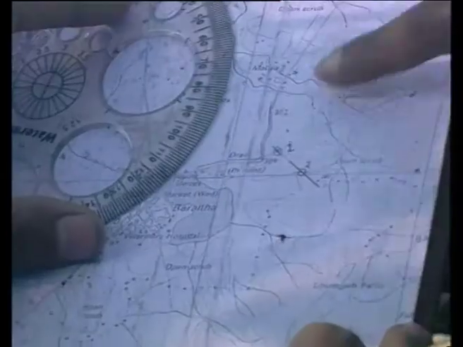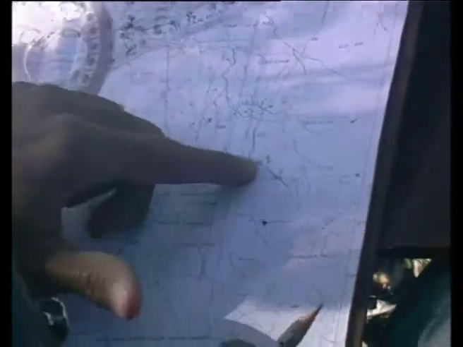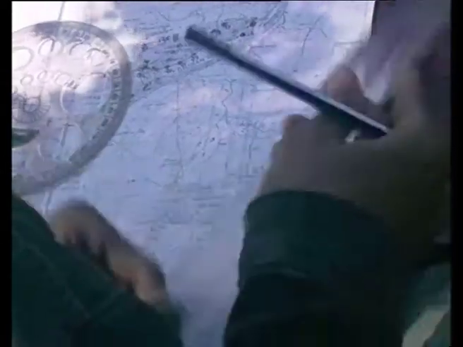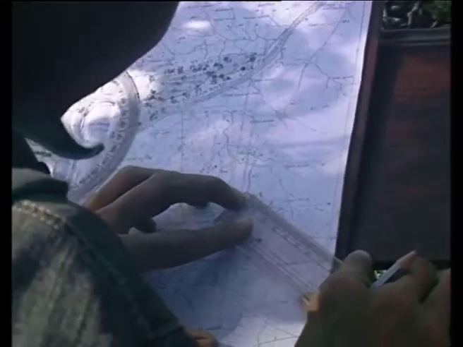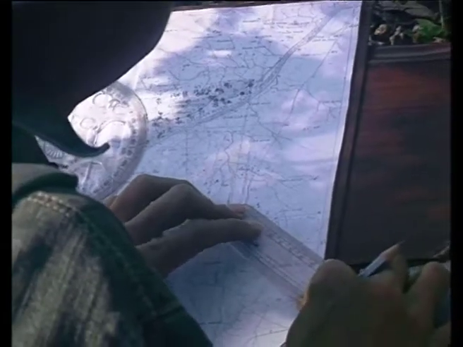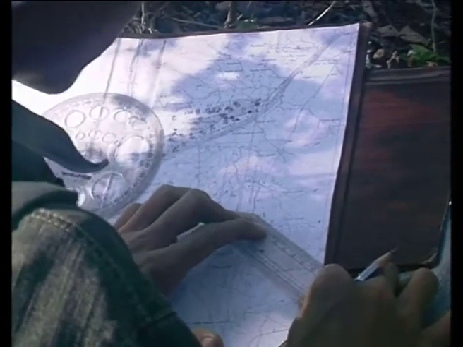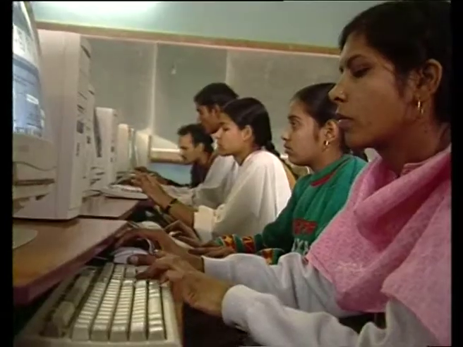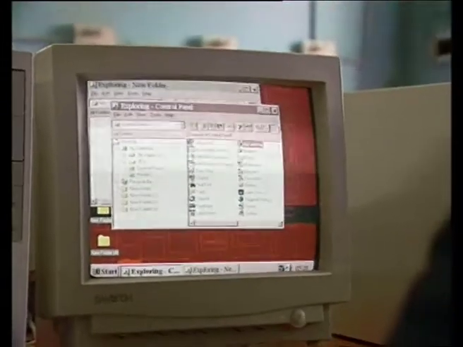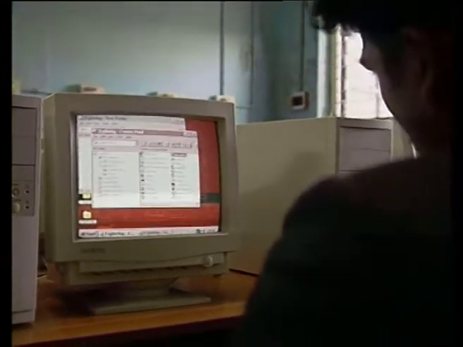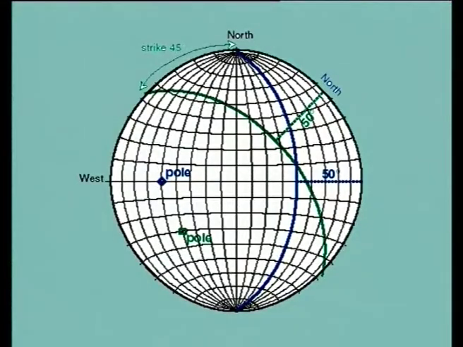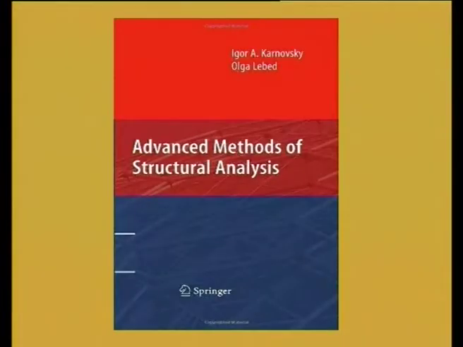To understand the complete history, it is essential to represent all possible structural measurements on paper. Nowadays, several computer programs have been developed to plot all the data, but before we plot the data using a computer program or analyze the plotted data, it is essential to understand the basic principles of structural analysis.